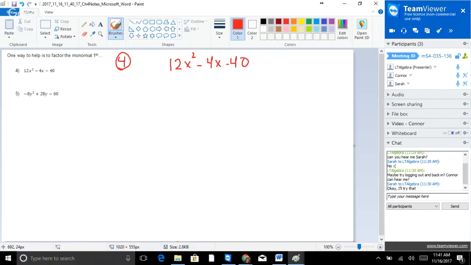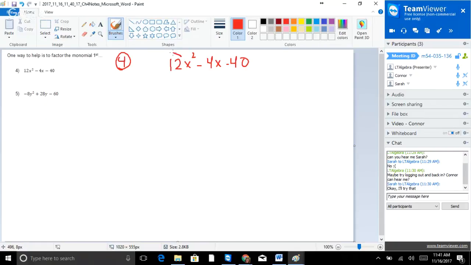Interestingly, 12, 4, and 40 all have the number 4 in common. So you are allowed to pull out 4 from this quadratic separate from your factors, because 4 is basically multiplying everything in there.